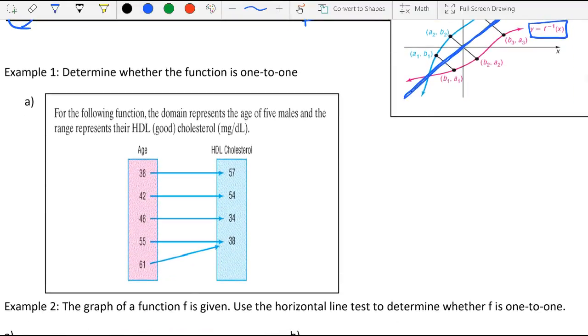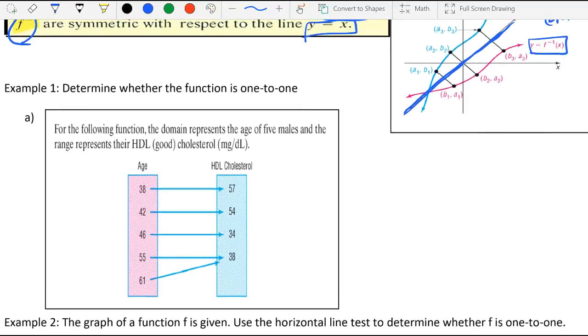This is our example 1. Let's read the directions first. Determine whether the function is one-to-one. For part A, the domain represents the age of 5 males and the range represents their good cholesterol, HDL.